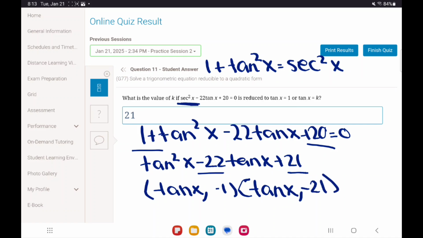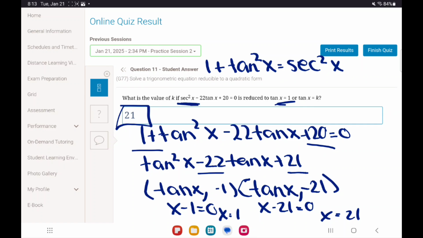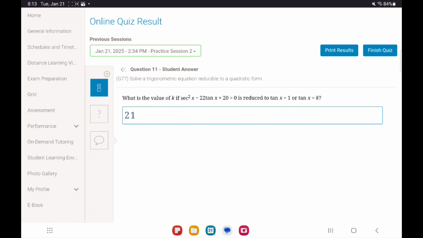We have to always equal it to 0, so tan x minus 1 equals 0, tan x minus 21 equals 0. Move it to the other side, tan x equals 1, tan x equals 21. They already gave you 1, so you just fill in 21, and that's how you solve this question. And that's the 3.6 geometry quiz done.